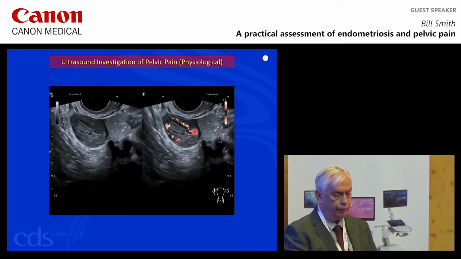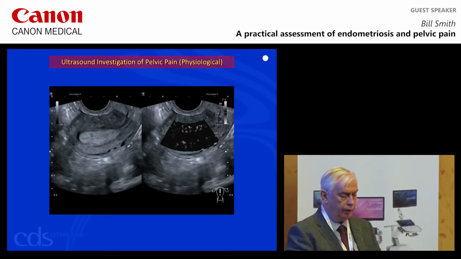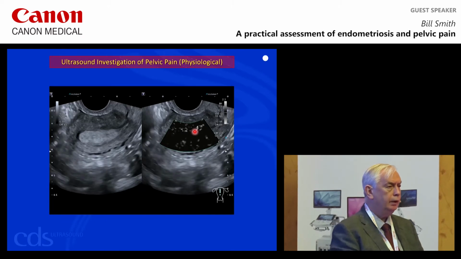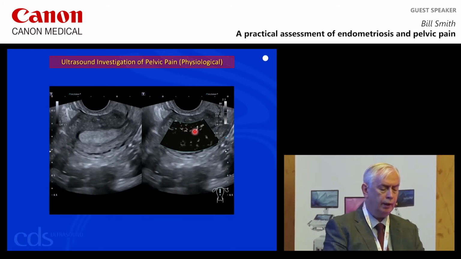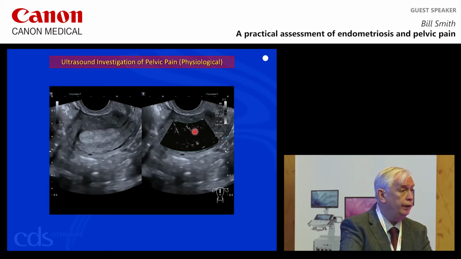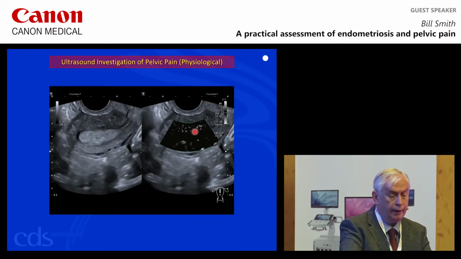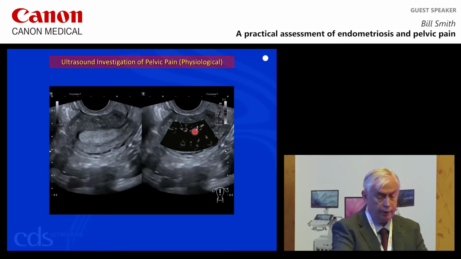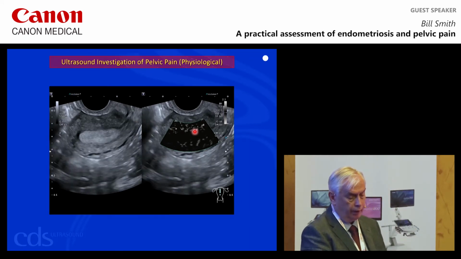And again, if we're looking at estrogen dominance, then we get significant symptoms and features within the uterus. We can see a very thickened lining there. We can see the myometrial vascularity.